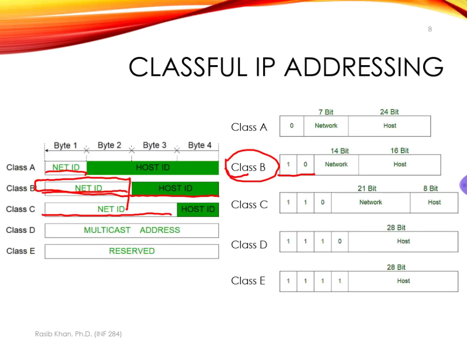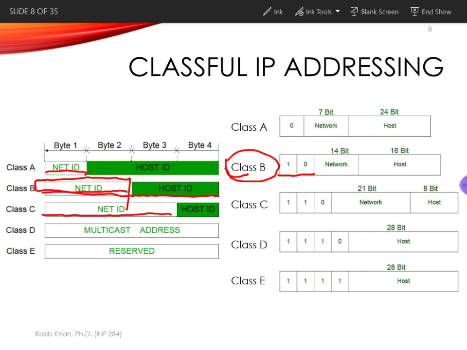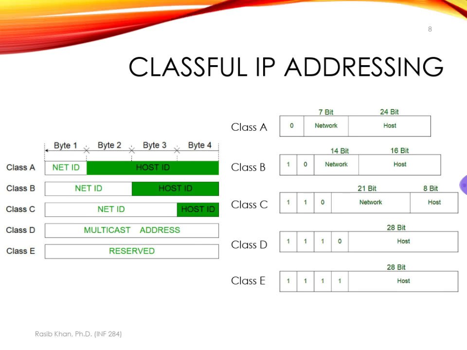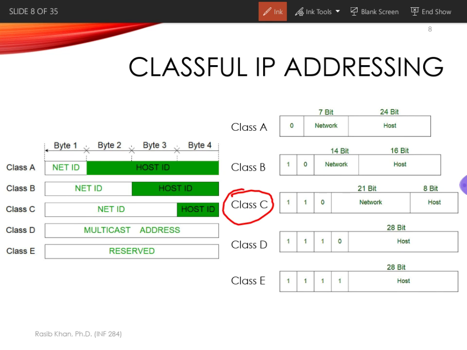So if we just look back, let's say we have a class C address. We can identify this by looking at an IP address, converting the first octet into binary, and if the first 3 bits are set to 110, we know that this is class C. And for class C, we know that the net ID is of length 3 octets.